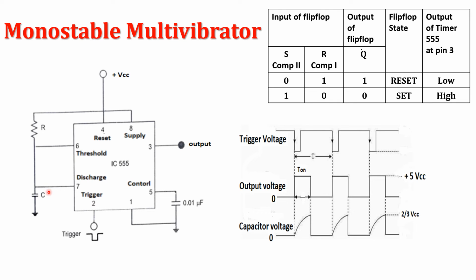And what is the time constant of the circuit? If the capacitor starts to charge through the resistor R, the time constant is RC. Hence, the width of the pulse, or width of the quasi-stable state, depends upon the time constant RC. What is the relation for the pulse width? That we find here.